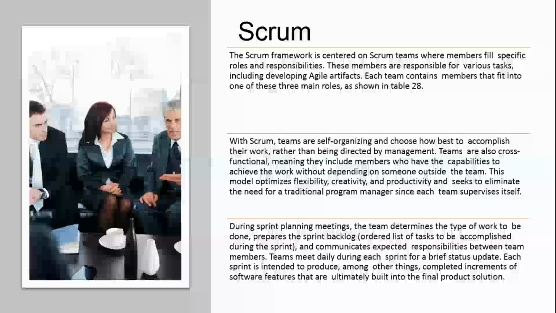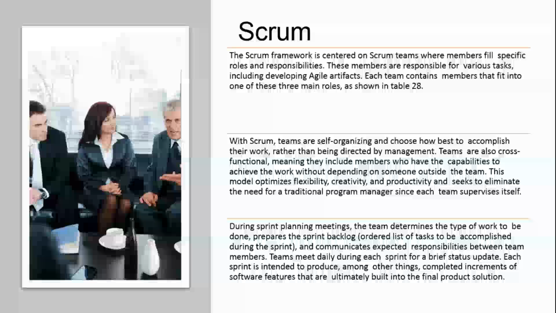But at a high level, I'll tell you that the roles in Scrum are the product owner, the Scrum Master, and the team. The product owner is the intermediary between the development team and the business. The Scrum Master is responsible for the purity of the process of Scrum. And we have the development team, also known as the developers, sometimes casually referred to as the team. Those are the individuals doing the work.